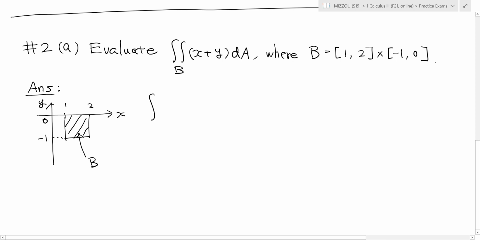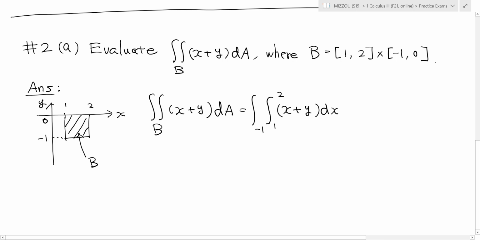Anyhow, this is the simplest case of a double integral, so you can just integrate each variable separately. So dx, where x is from 1 to 2, and y is from negative 1 to 0. You integrate the inner integral first, and that gives you 1/2 x squared plus xy, x equal to 1 to x equal to 2, dy.